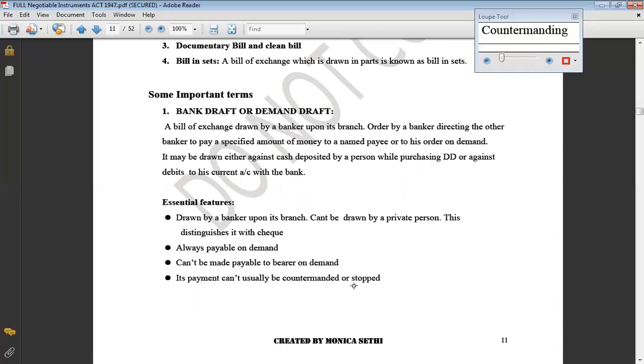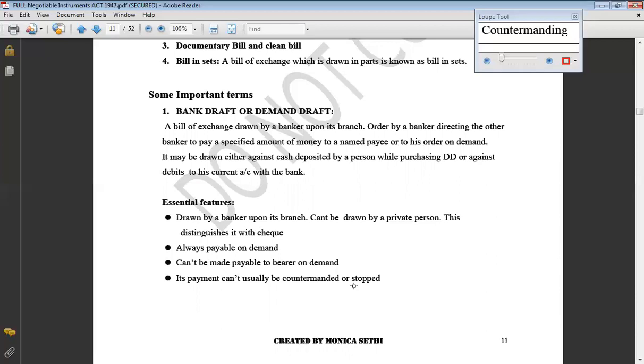But earlier it used to be a bank draft. You will go to your bank. Either you will pay cash, or they will deduct the amount from your bank account in the same bank, and they will issue you a bank draft, which is a bill of exchange drawn by a banker on its branch. So in that case, both the parties, the drawer and the drawee, are bankers.